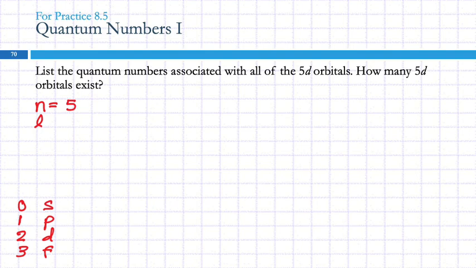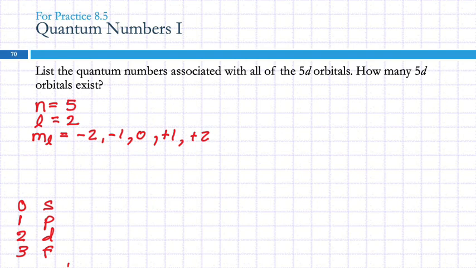So if this is a d orbital, then L is equal to 2. If L is equal to 2, what are the possible values for m sub L? They go from minus L to plus L. So minus 2, minus 1, 0, plus 1, and plus 2.